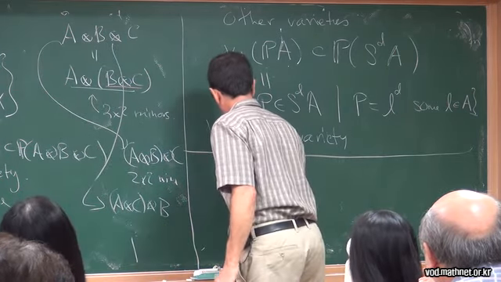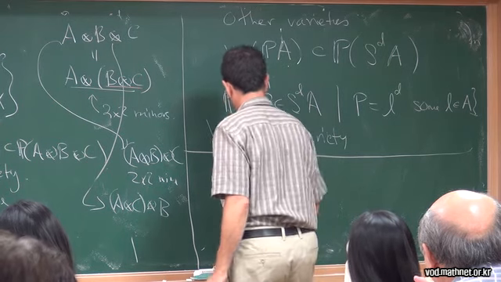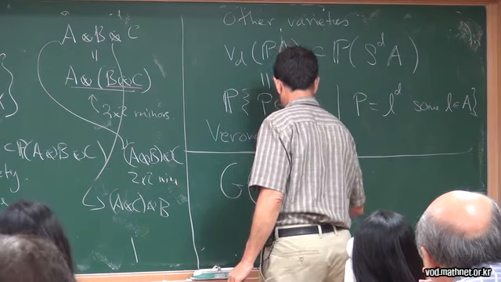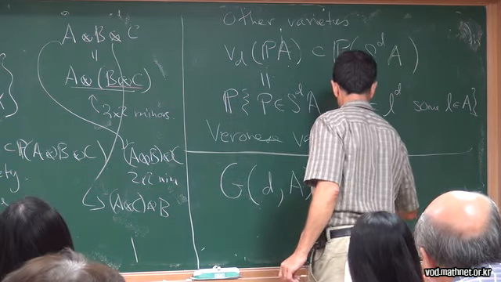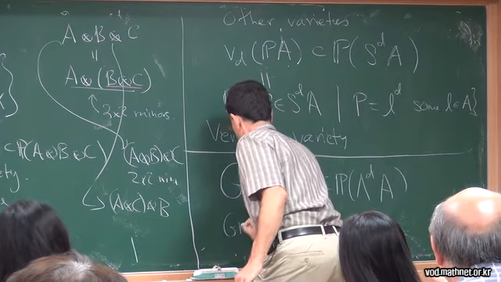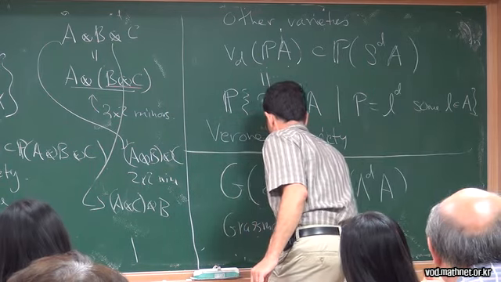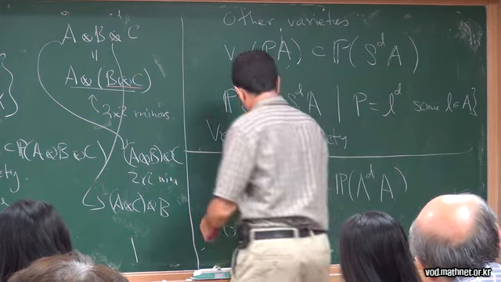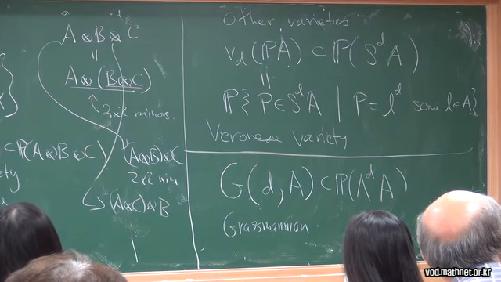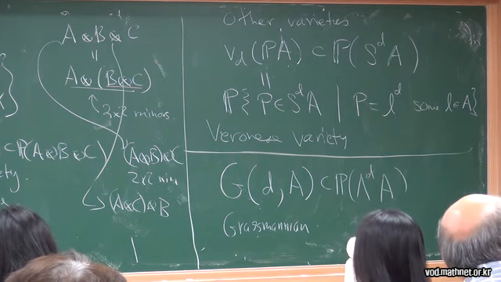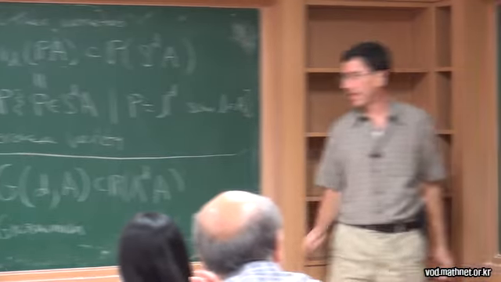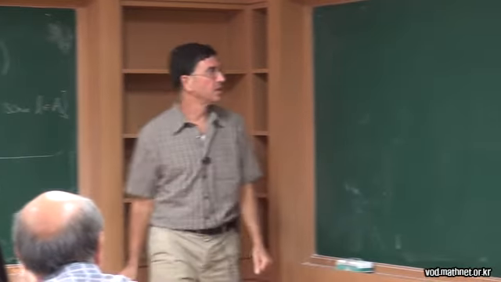What will be very important when we study algorithms is the Grassmann variety. And this one is a little bit more subtle because it's not points of the Segre variety that happen to be skew symmetric. In fact, no points on the Segre variety happen to be skew symmetric.